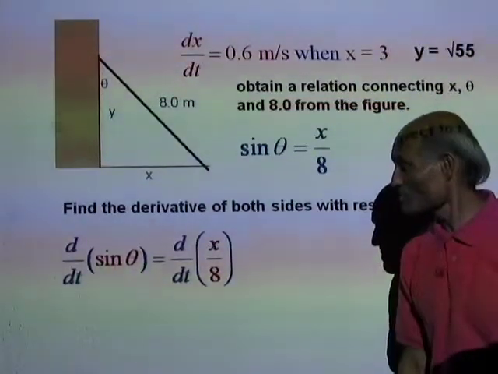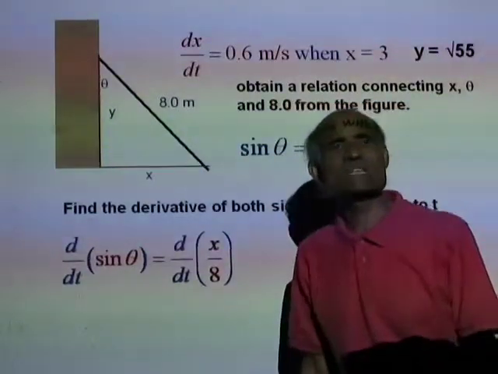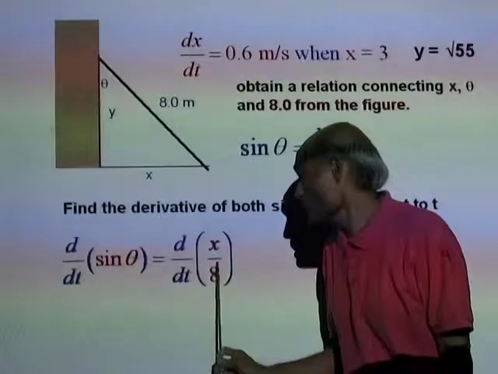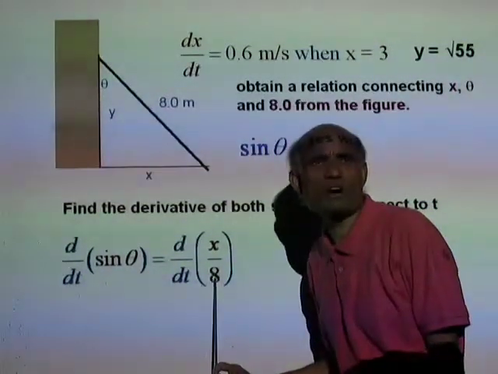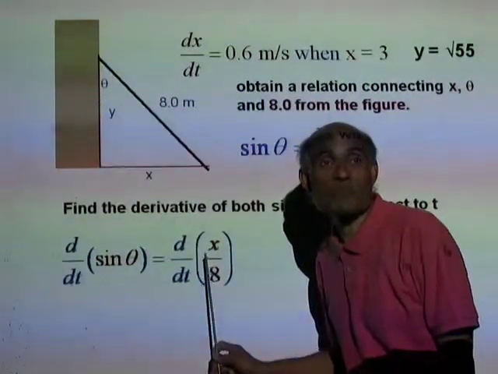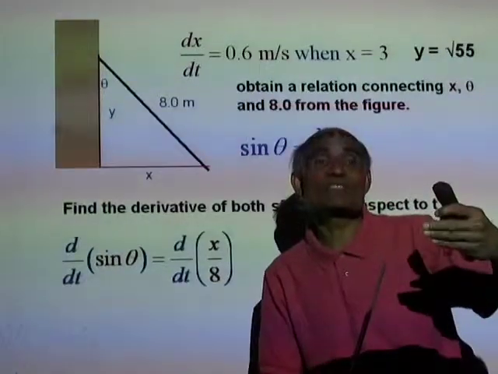Tell me, what is the derivative of x over 8 with respect to t? I know when you see this, some of you will say this is a quotient. But remember, 8 is a constant. So this is the same as 1/8 x. 1/8 is a constant.